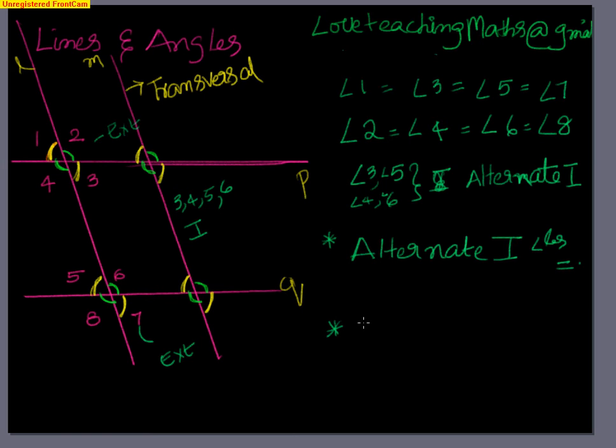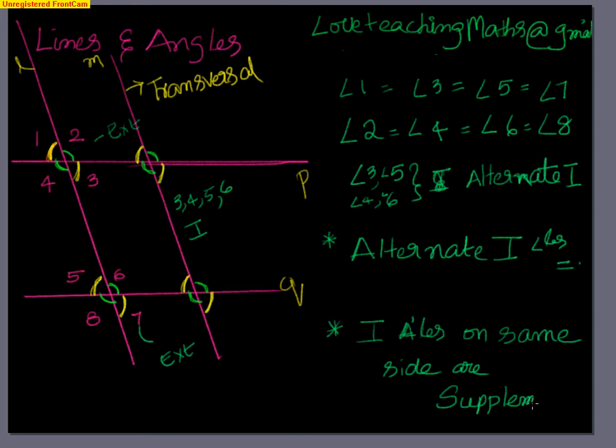So what are we saying? We are saying that interior angles on the same side, if they are adding up to 180 degrees, what will you say? We will say they are supplementary.